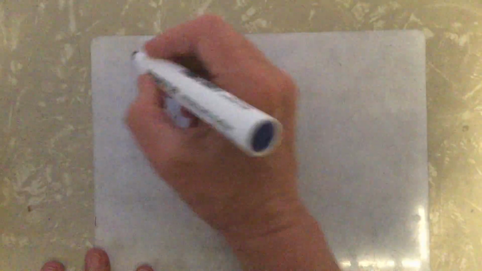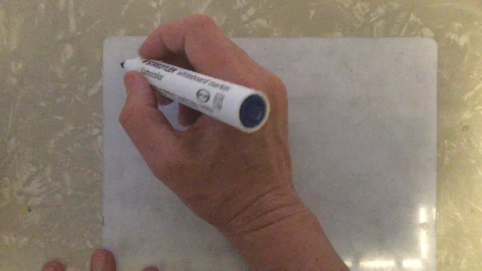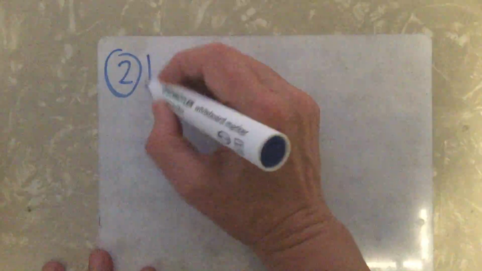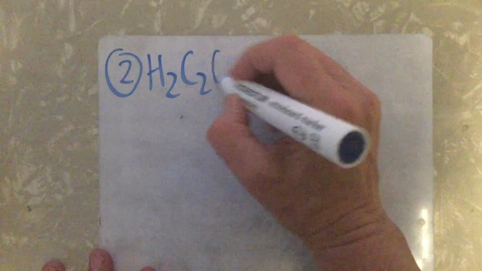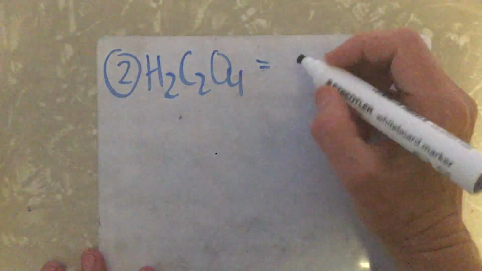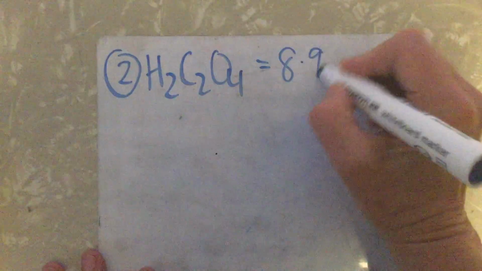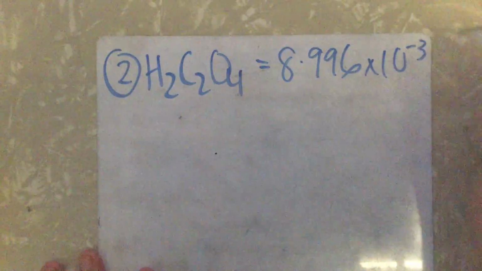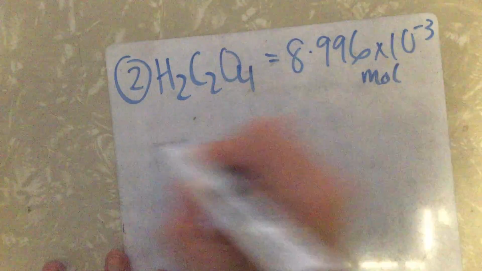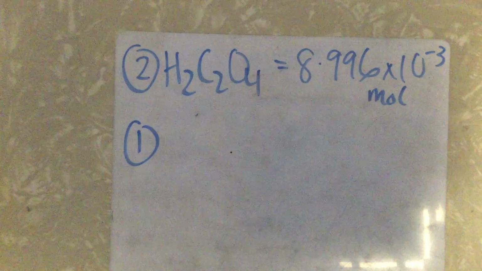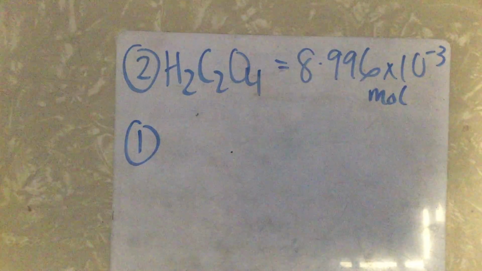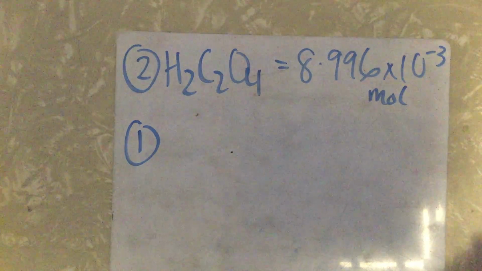Okay, so now we are at the point where we have got the number of moles, but we've just got a little bit of jiggery-pokery thinking to do here. So we know that our acid-base titration, which is titration 2, actually gives us our actual number of moles of H2C2O4, and that is our 8.996 times 10 to the minus 3 moles. However, our first test that we did, which was our redox titration, was where we reacted our mixture with our permanganate.